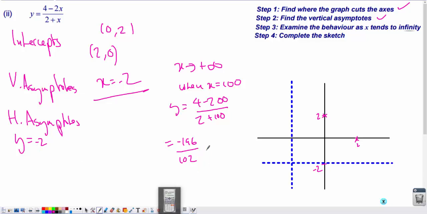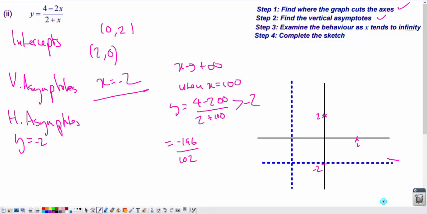Now, if you're not sure about this, just by looking at it, think about this. If I did -200 over 100, that would be -2. If I make my numerator smaller, I'm getting a smaller negative number. So essentially, I'm above -2. And then if I make my denominator bigger, I'm also getting closer to zero. So I know just by looking at it that this is greater than -2.